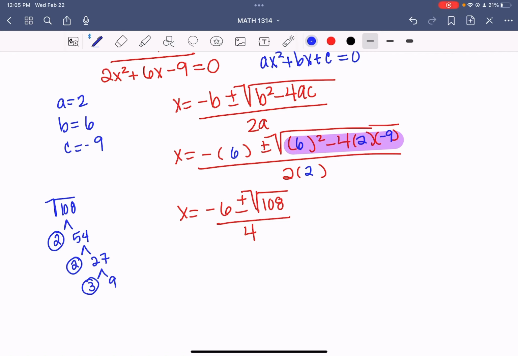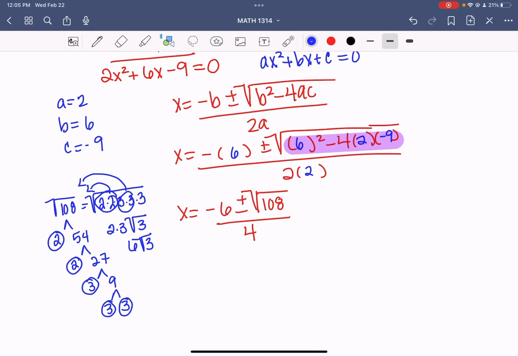I'm circling the primes as I go. Break apart the 9, which gives me 3 and 3. So the square root of 108 is 2 times 2 times 3 times 3 times 3. A pair of 2s can come out, and a pair of 3s can come out, giving me 2 times 3 times the square root of 3, or 6 square roots of 3.